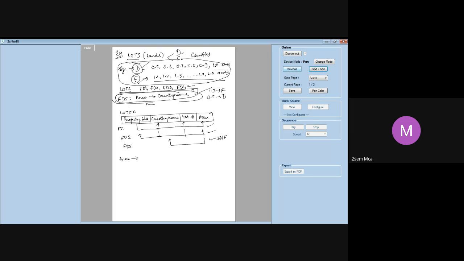So the general definition of 3NF states that when I have a dependency like this, either X should be a candidate key or A should be a prime attribute. If that is satisfied, then I say it is in 3NF. There's something wrong, one minute.